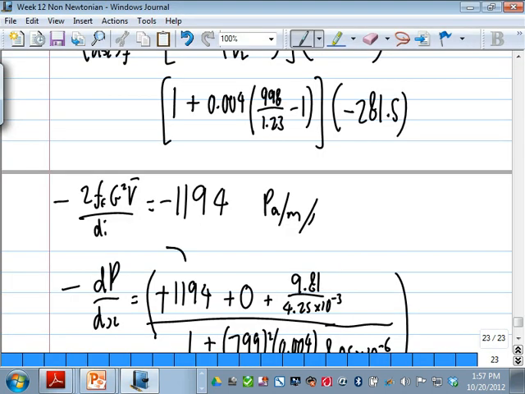But the term here that we want is not minus, but 2ff g squared v bar on di. That's why there's no minus. Is that okay? Alright. The term that we worked out was actually minus, but the term in here is not minus. There's no minus. So you drop the minus sign. Is that okay?